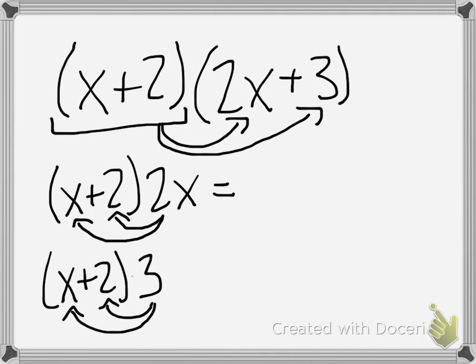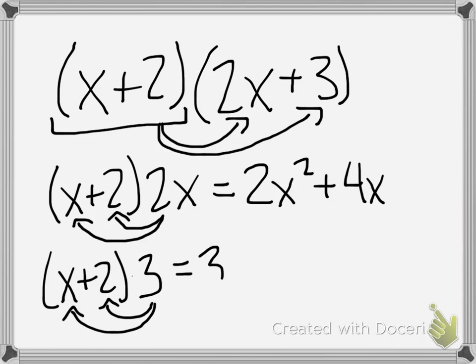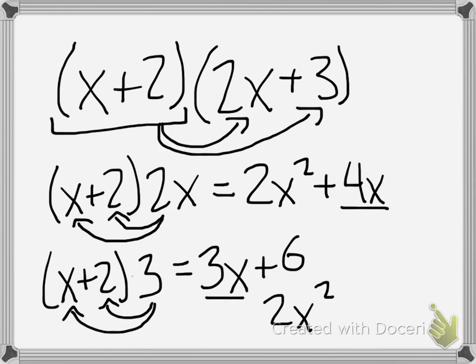So I'll end up with 2x times x. That's 2x squared plus 2x times 2, 4x. And I'll also have x times 3. That's 3x plus 3 times 2, plus 6. So all in all, I'll have 2x squared plus 4x plus 3x. I can combine those.